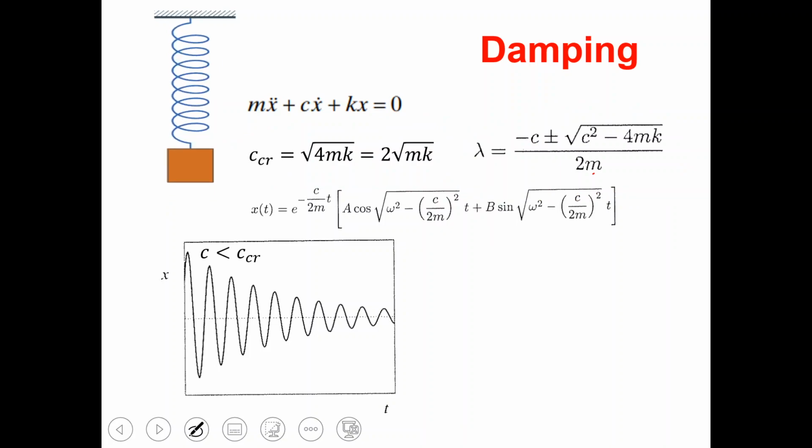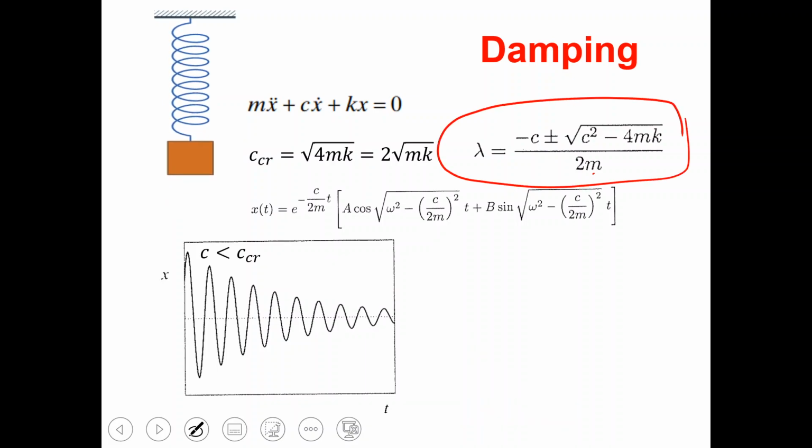What will happen when your C is smaller than the C critical? So if you look at the main equations we have here, let's say your C is smaller. Let's look at the roots. Let's say your C is smaller than the C critical.